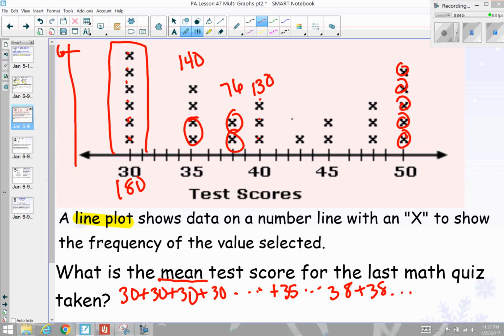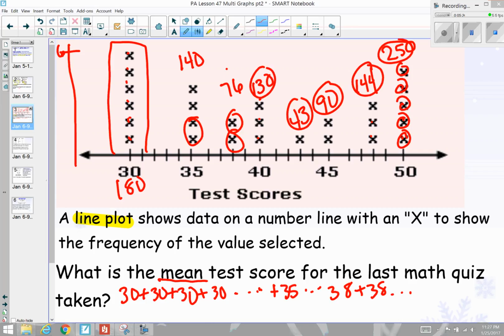Then we have a 43, and 2 45s, which make 90. Then we have 3 48s, so 3 48s is 144. And the 50s, we have 100, 200, 250. So we would add up all of these values.